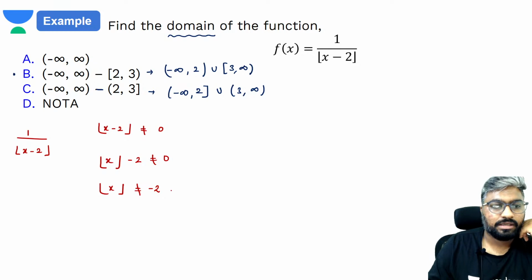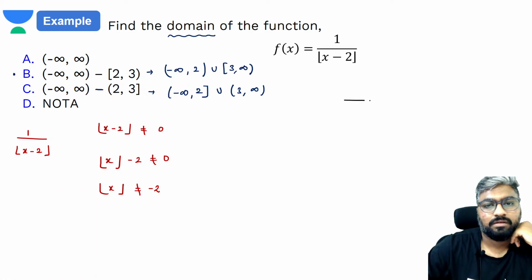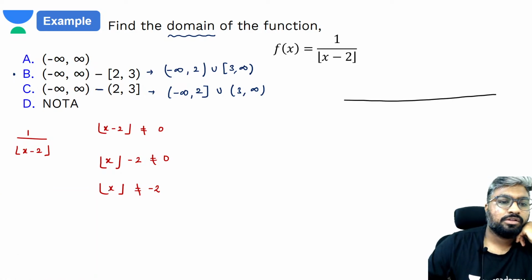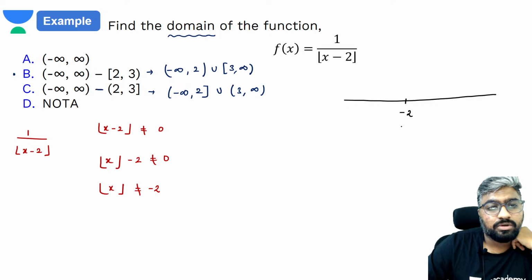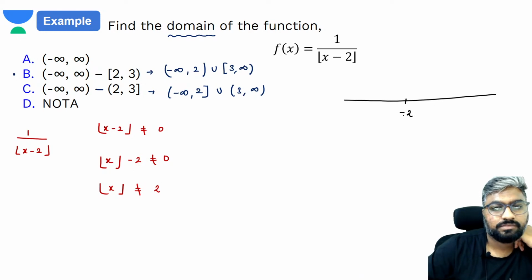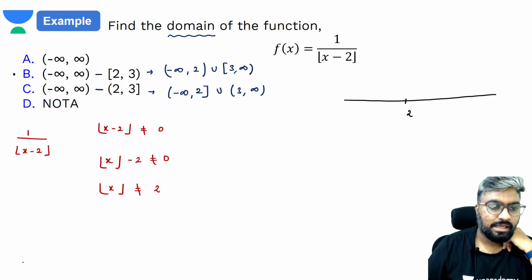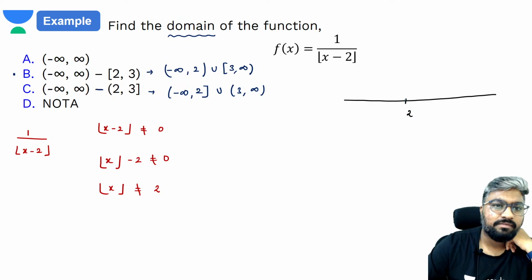Yes, so इसके allowed values क्या रहेंगे? मैं अभी नंबर लाइन डाल के बताते हैं. तो यहाँ पे -2 नहीं चाहिए हमें, राइट? इट कांट बी -2. दैट टेक्निकली मीन्स व्हाट? नॉट -2, सॉरी, +2.